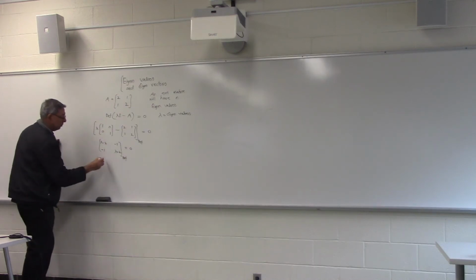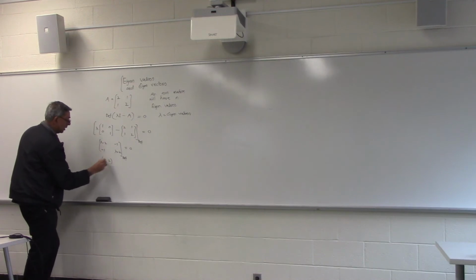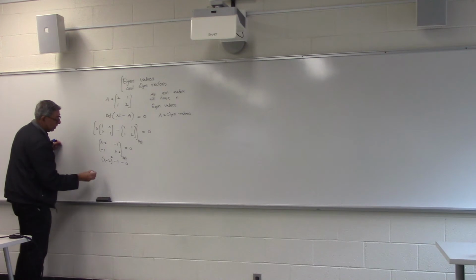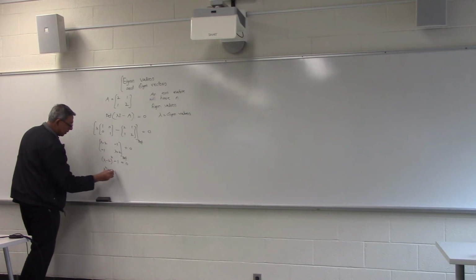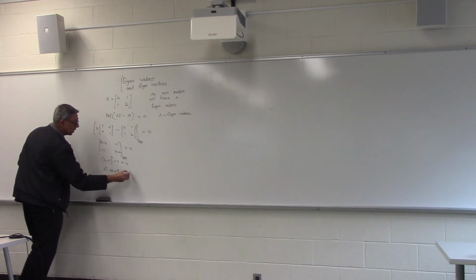So the determinant will be lambda minus 2 squared minus 1 equal to 0, which is lambda squared minus 4 lambda plus 4 minus 1 equal to 0.